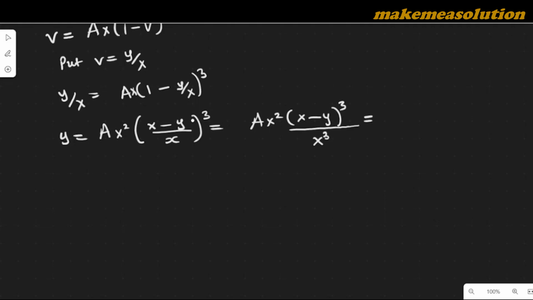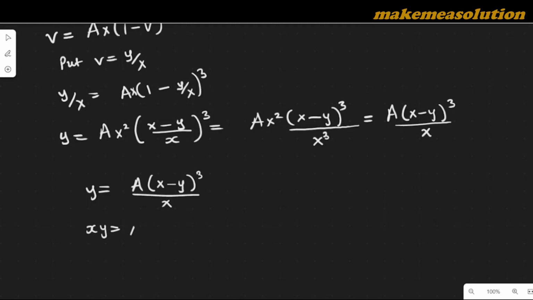Then this is actually a into (x minus y) cube over x. So finally we have y to be a into (x minus y) cube over x. In other words, xy is equal to a into (x minus y) cube.